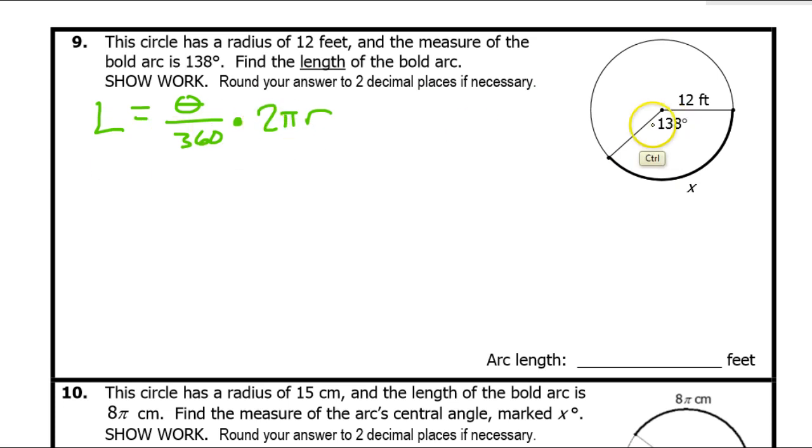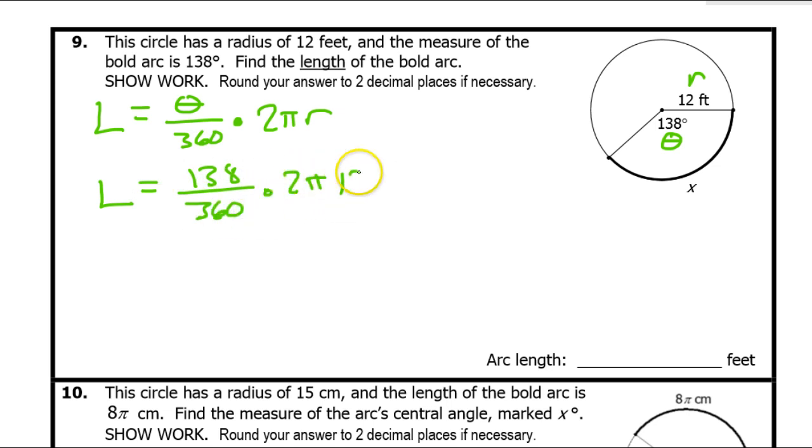Now, we know theta, because that's 138, and we know r, because that's 12 feet. So I'm just going to substitute both of those things in. So the arc length is going to be 138 over 360 times 2 pi 12.